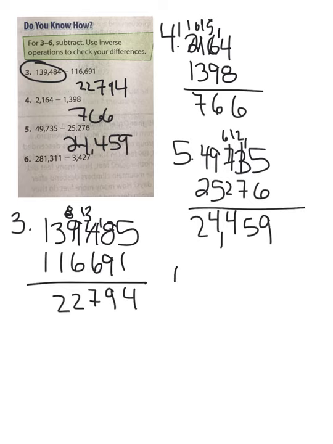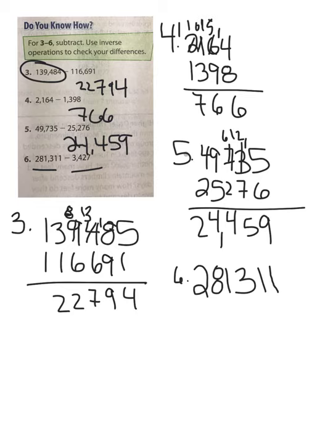Number 6. Be careful with this one because there is not the same number of digits in both of these numbers. The first number has 6 digits, so it's in the hundred thousands, and the second number only has 4 digits. So just be careful. I have written the larger number first, which is 281,311.